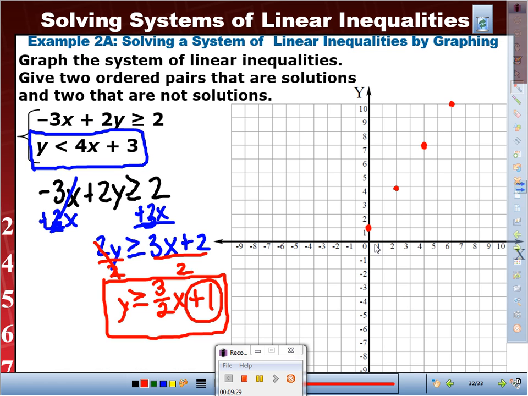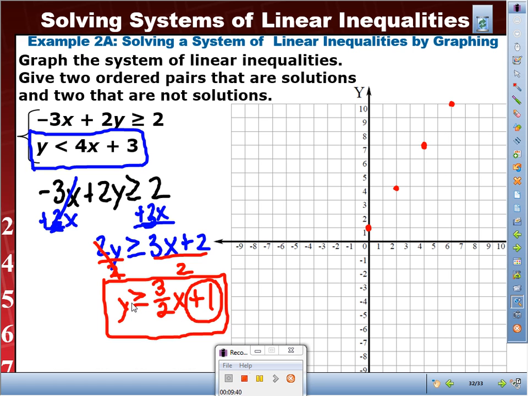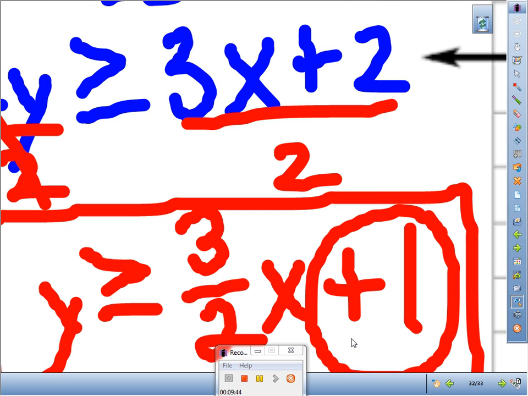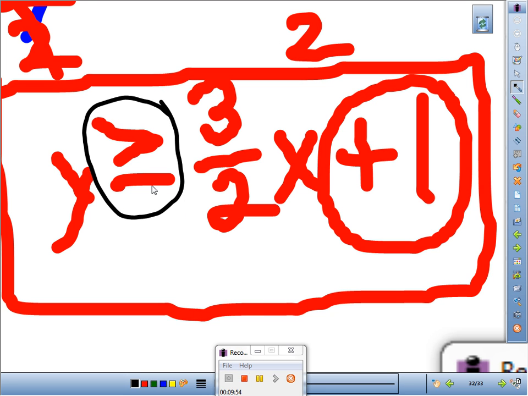Before we graph our line, let me zoom in so you guys can see the inequality symbol. Look up, please. Who notices that this inequality symbol has an equal sign right here?